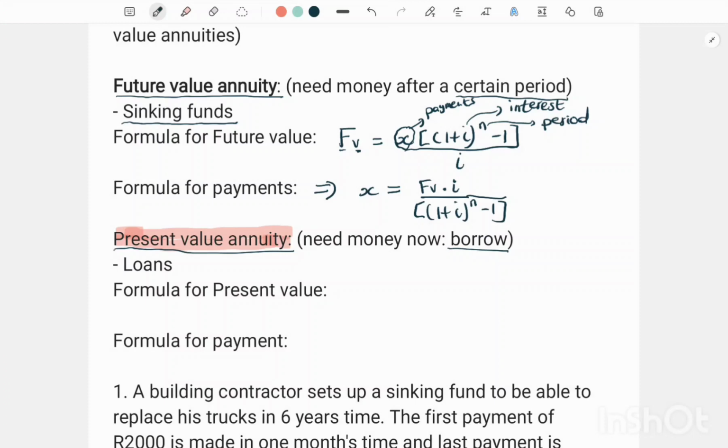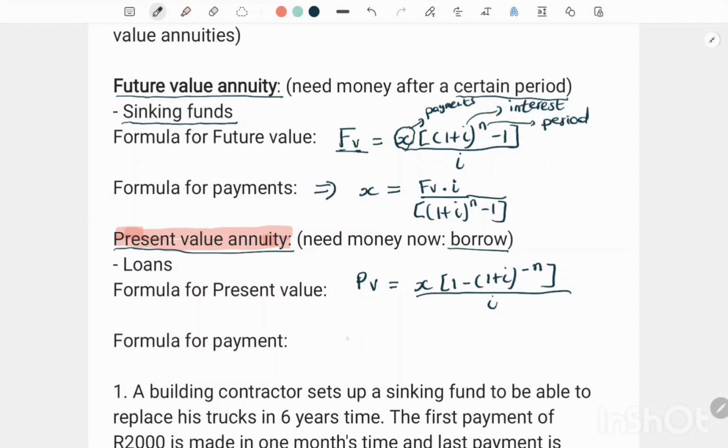There's also a formula for present value annuity, which is PV. Future value is FV, and present value is PV. PV is equal to X times (1 minus (1 plus i) exponent negative n) all over i. You also have to know that X is the payments, i is the interest, and n is the number of payments.